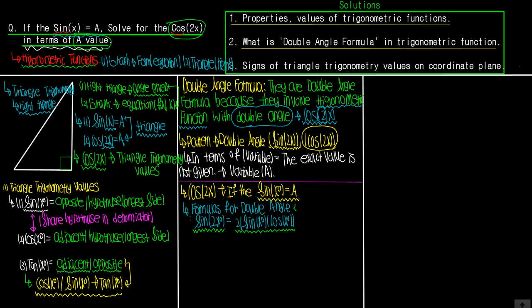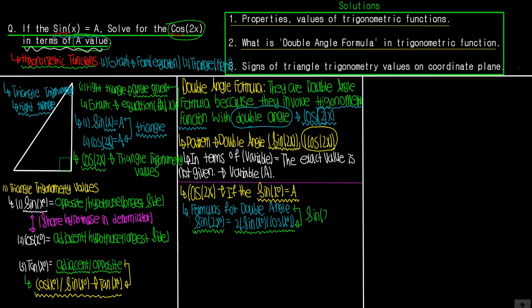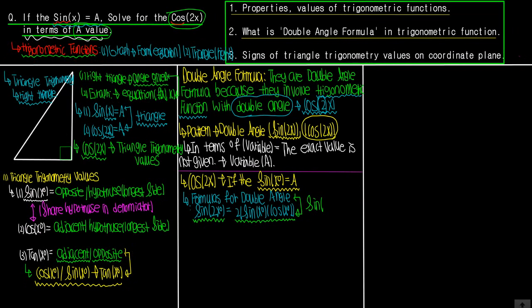This is what we call the sine of 2x double angle formula.